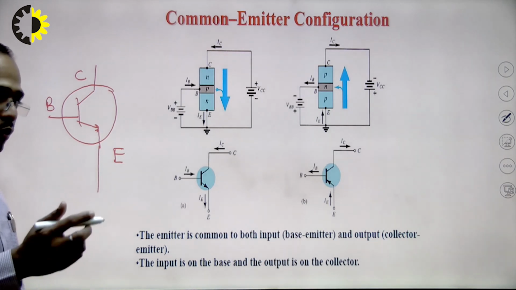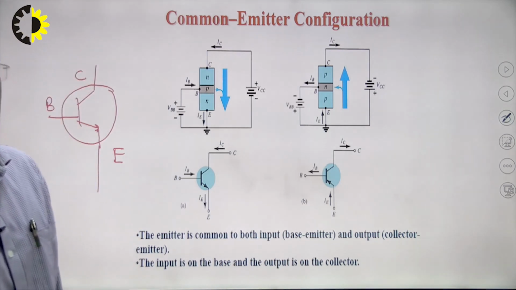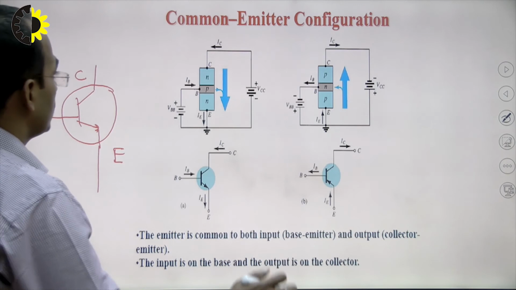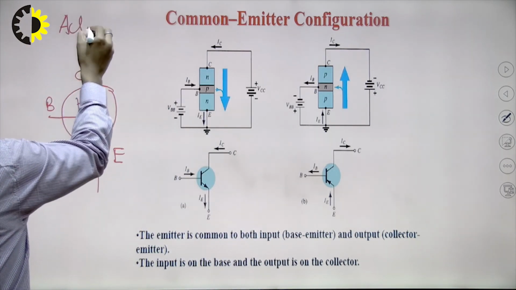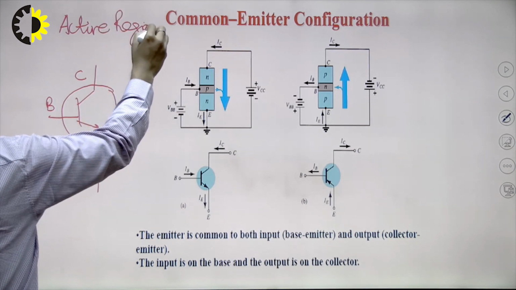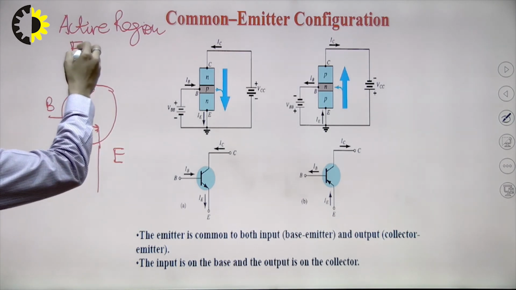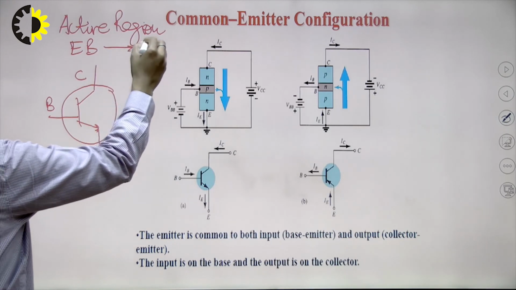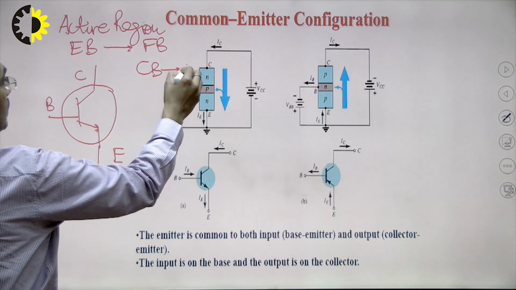So, what is the requirement for operating the transistor in the active region? For operating this transistor in the active region, the condition is that we have to make the emitter base junction forward bias and the collector base junction reverse bias.